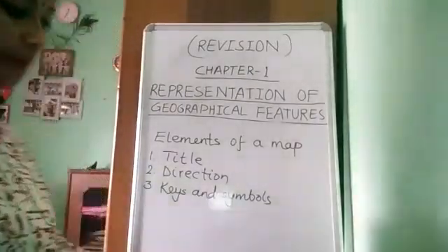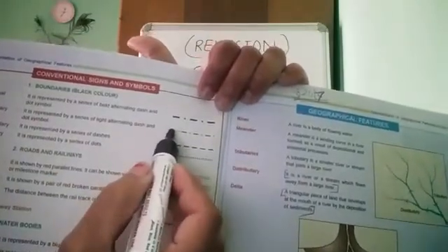Here you can see international boundary. I will be showing the book only. International boundary, bold, dot, dash and dot. State boundary, dash and dot. While district boundary only dashes are there. Tehsil boundary, dots. Okay, all these are symbols.